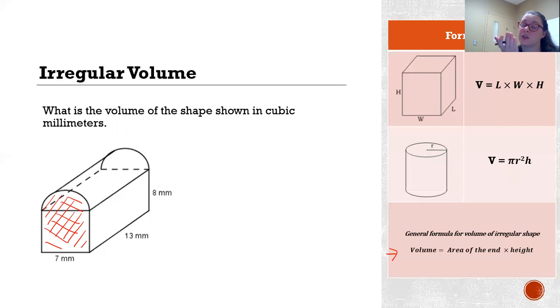They keep getting smaller. But if I slice it this way, like a loaf of bread, every piece is going to be the same shape. So you can use that to help you figure out what is the irregular end that I should calculate the area of. So we're going to calculate the area of this.